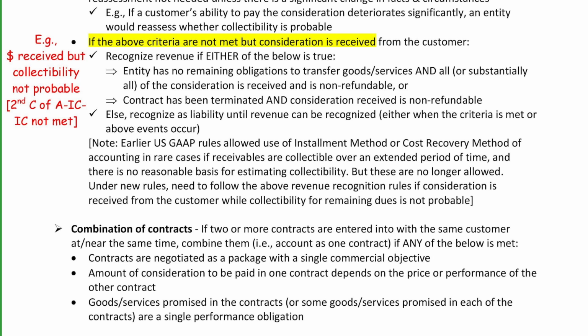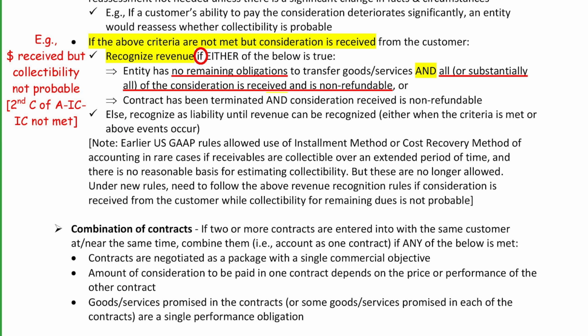Highlight, recognize revenue, circle if either of the below is true. So the first one, underline entity has no remaining obligations to transfer goods and services. Highlight and all or substantially all of the consideration is received and is non-refundable.